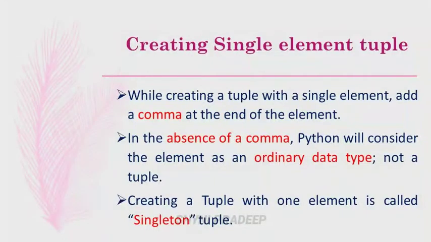See the next topic, creating a single element tuple. You can create a tuple with multiple elements, but you can create a tuple even with a single element. When you are creating a tuple with a single element, you have to add a comma at the end of the element, because if you do not give the comma, Python will consider the element as an ordinary data type, not a tuple.